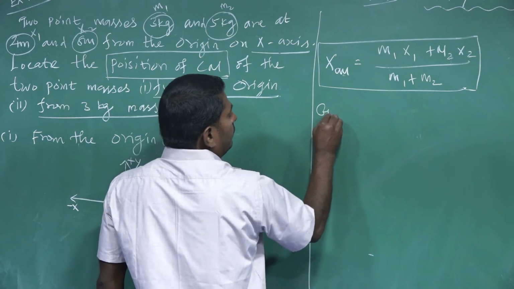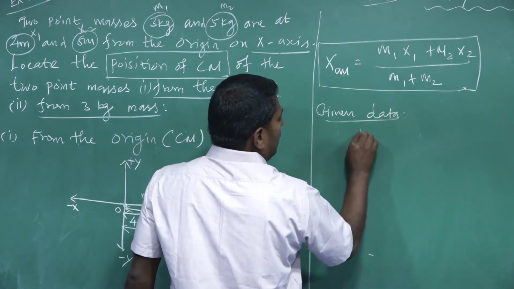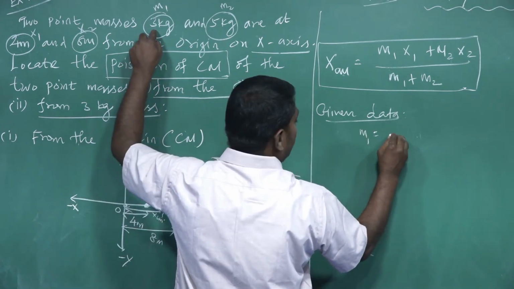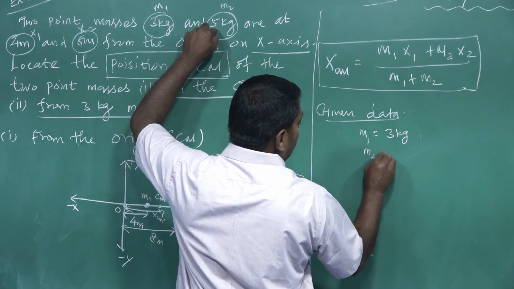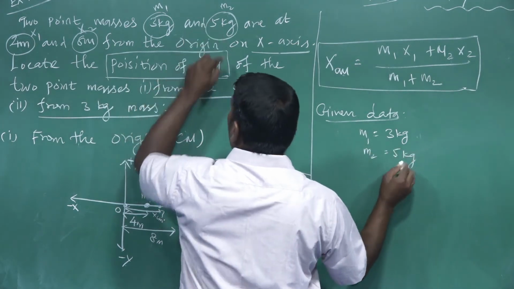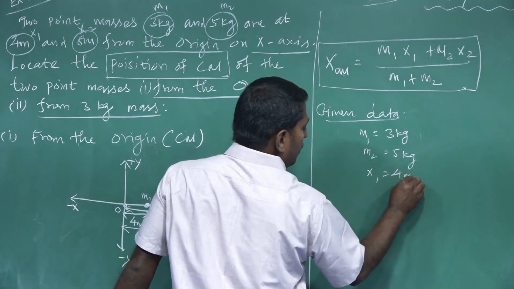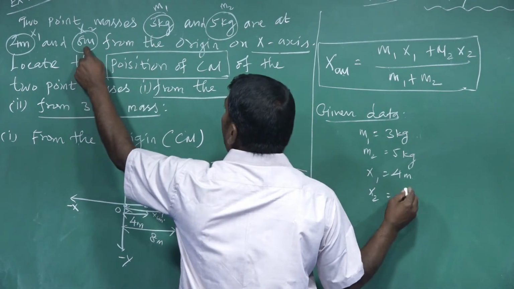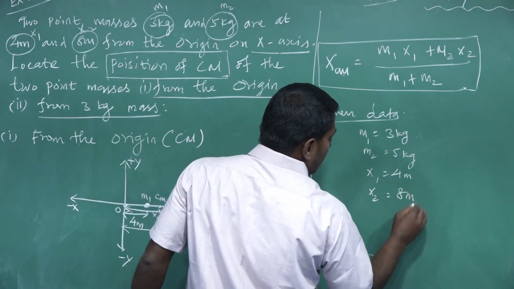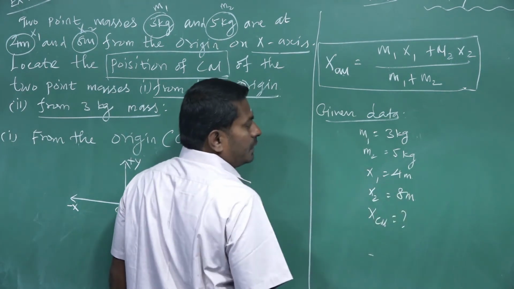Given data: m1 is equal to 3 kg, m2 is equal to 5 kg, x1 is equal to 4 meter, x2 is equal to 8 meter. Then calculate the position of the center of mass point of the 2 point masses.